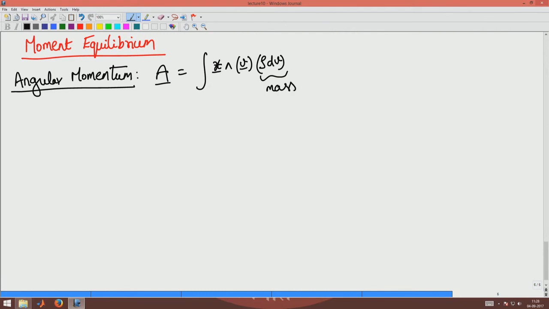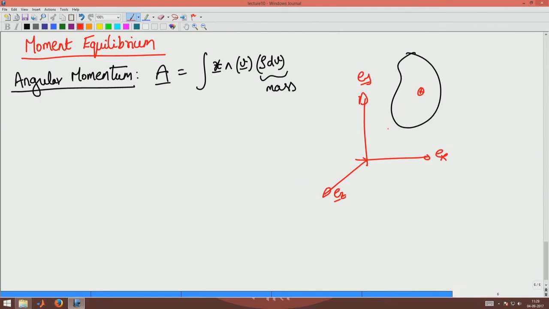Where x is, if I have a body with axes Ex, Ey, Ez and a point in the body, x is the position vector of the point on the body.